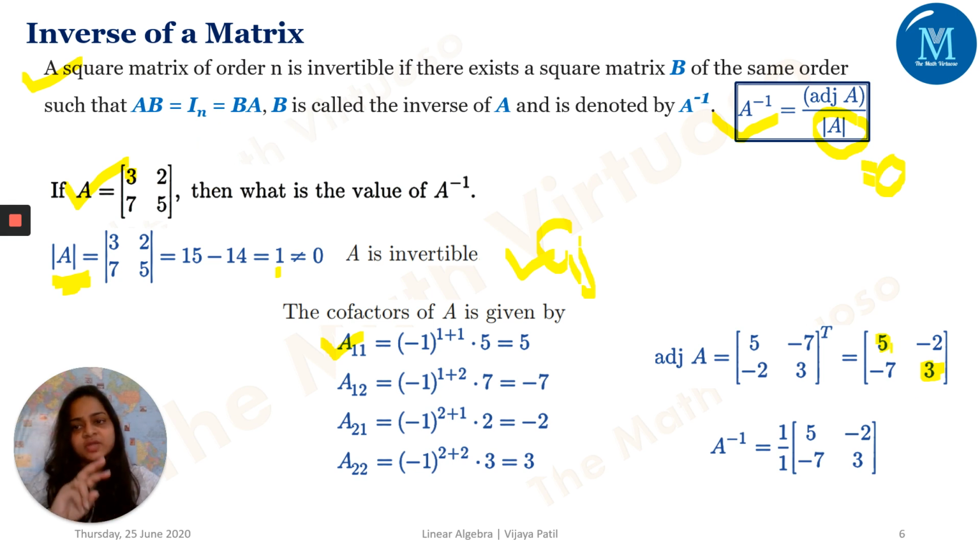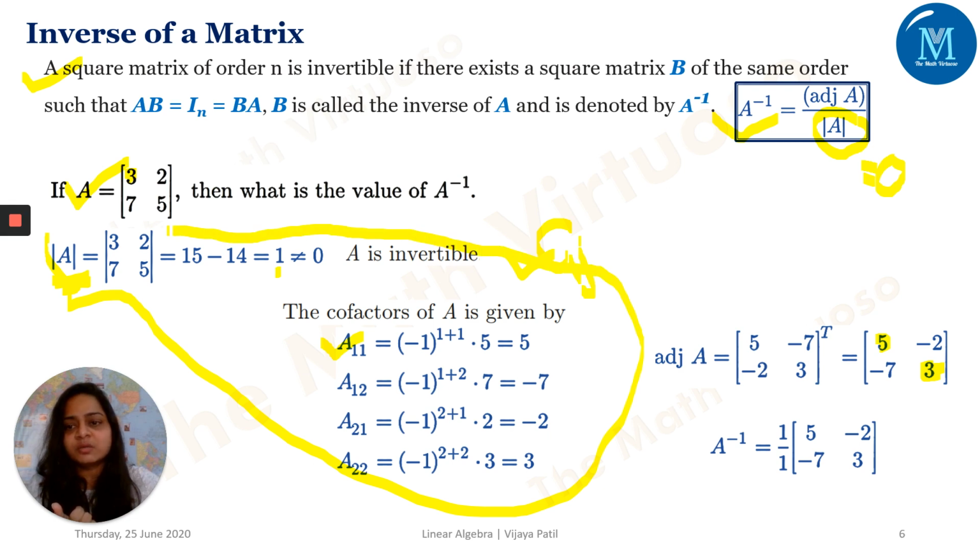So I have to switch the diagonal elements. For example, 3 was here, it has come here. 5 was here, it has come here in the transpose. And the other non-diagonal elements of the 2 cross 2 just become negated. So the adjoint you can directly write down for a 2 cross 2, with no need to do this much of the procedure before that.